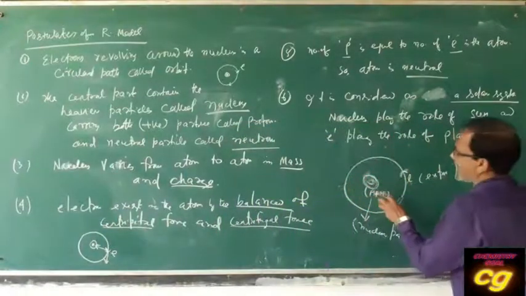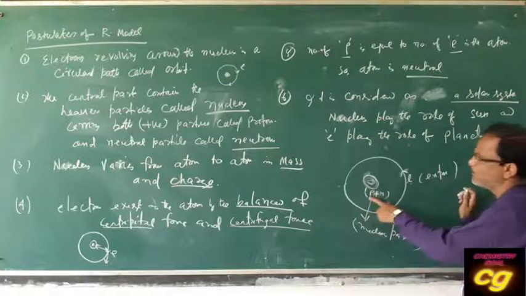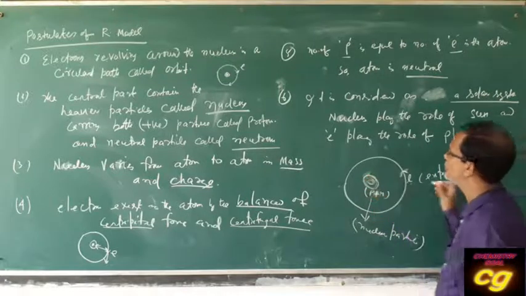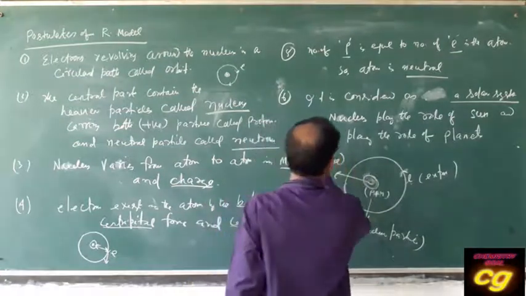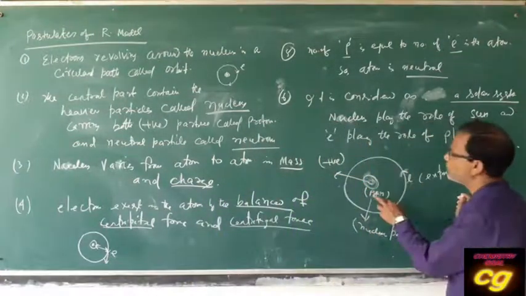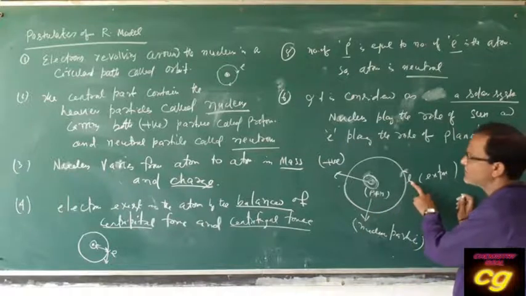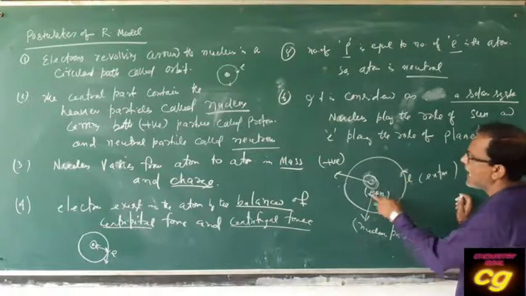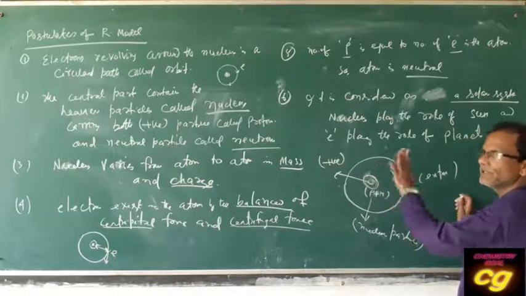As neutron is a neutral particle and proton is a positive charge particle, the nucleus is positive. The nucleus is positive because it carries protons. Neutron is neutral and electron is negative, but the number of electrons and protons are equal. That's why the atom is neutral.